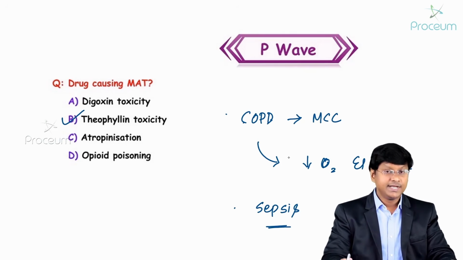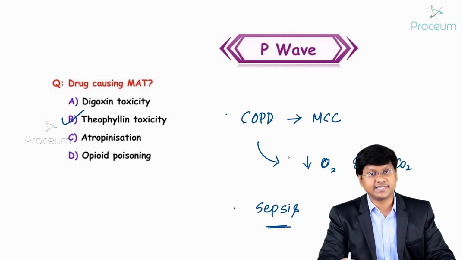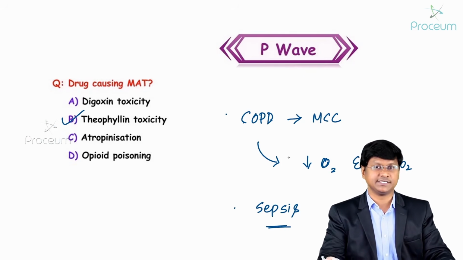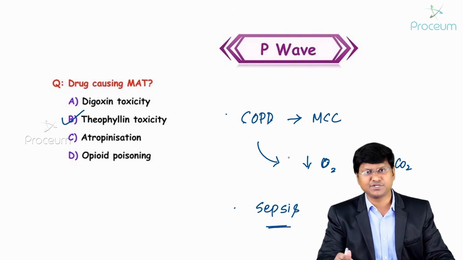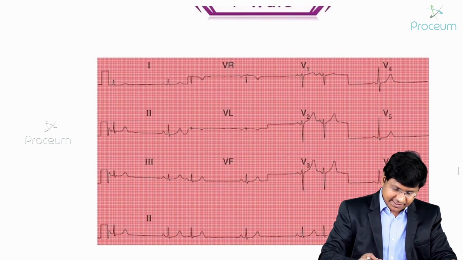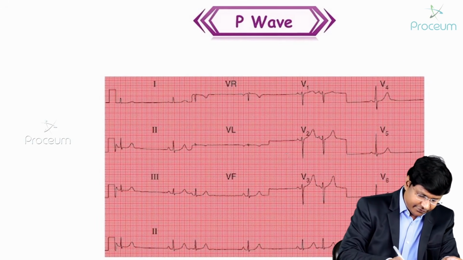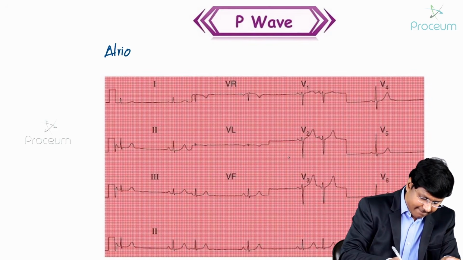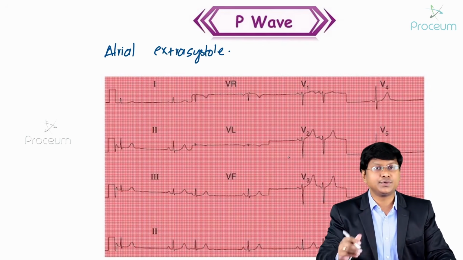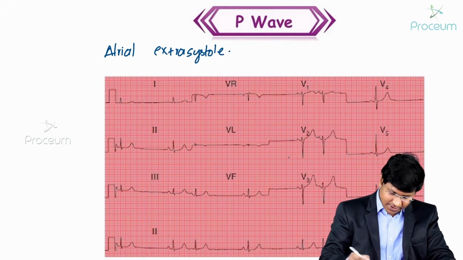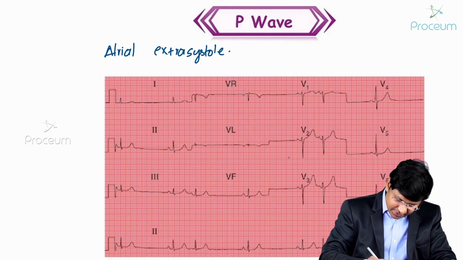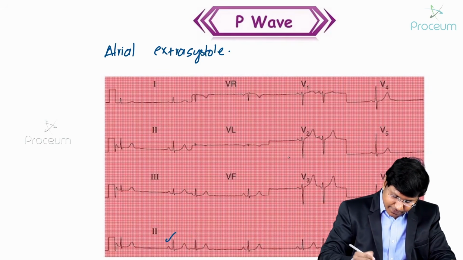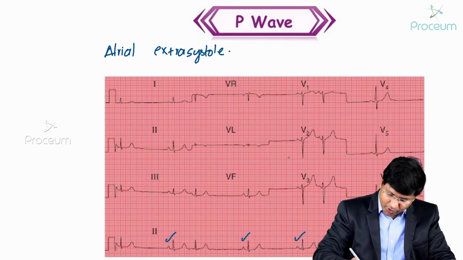Okay, next. Now the other important thing you need to understand is atrial extrasystole. Let me show you that ECG. This is the ECG of atrial extrasystole. Why are you calling it atrial extrasystole? Here is a normal P wave, normal P wave, normal P wave and normal P wave.